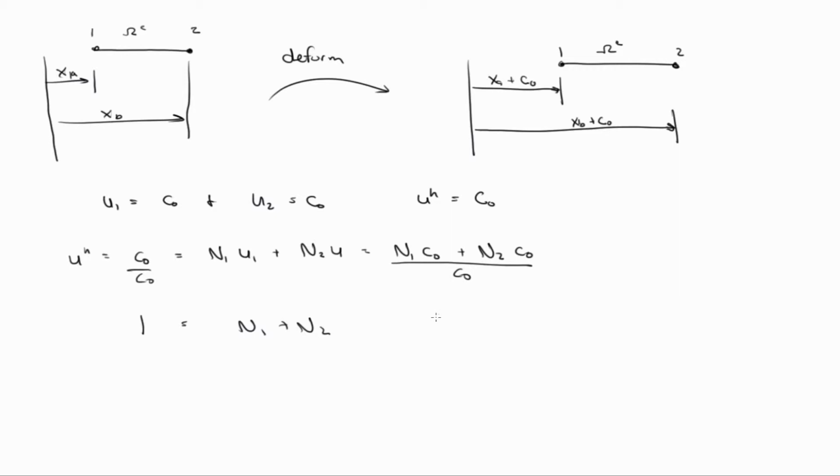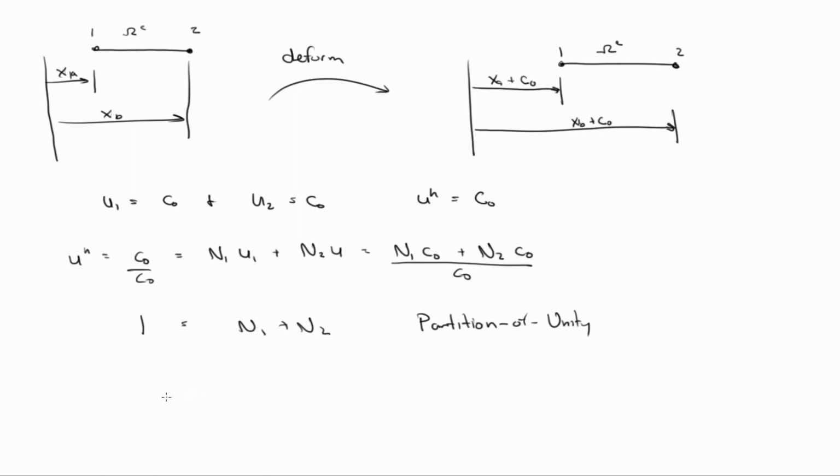So this is called a partition of unity. That's the name given to this property. It's useful in a lot of things, and it forms the basis of so-called extended or generalized finite element methods.